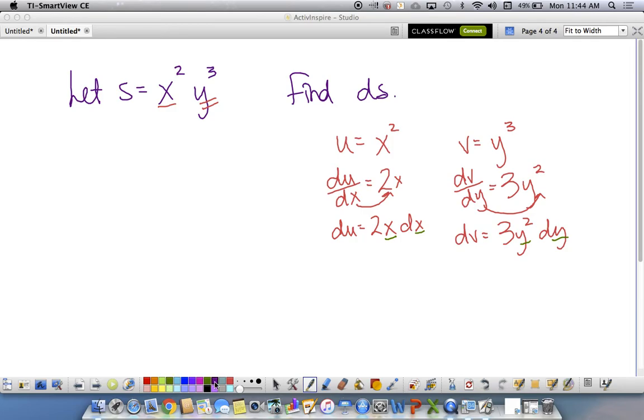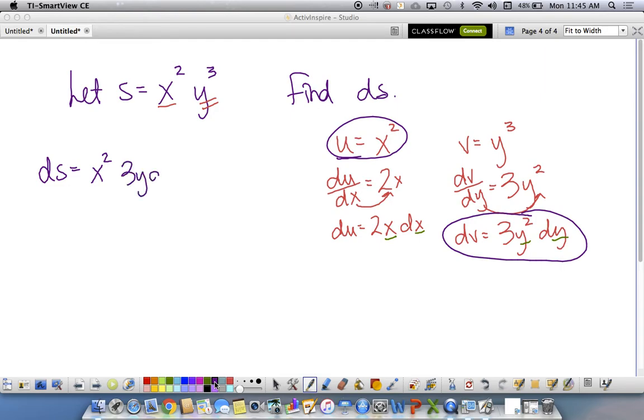Okay? So let's go ahead and find our ds. So we have first x squared times the differential of the second, which is 3y squared dy.